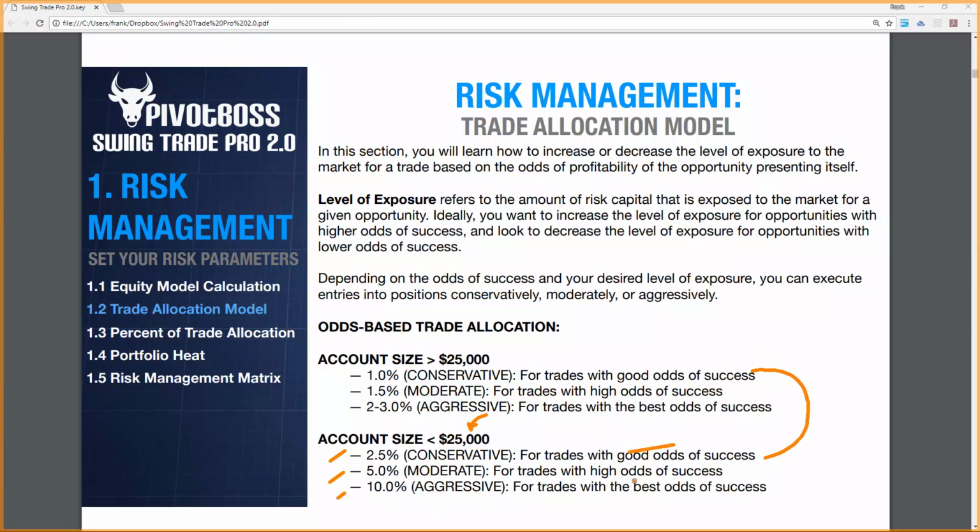Good trades get conservative, high odds trades go moderate, and the best odds trades may be aggressive. So level of exposure, again, is being able to understand the odds of profitability for a given opportunity, and then from there allocating your capital appropriately, either conservatively, moderately, or aggressively.